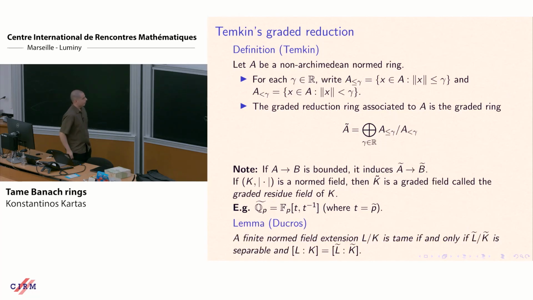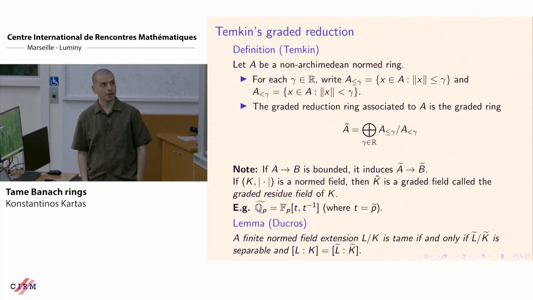And now, using this object, essentially you can reinterpret what tame ramification means. For instance, there's a small paper by Antoine Ducros, where he shows that tame ramification is the same thing as saying that the extension L over K comes from a graded residue field extension of K of the same degree.